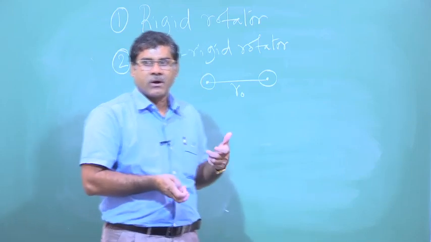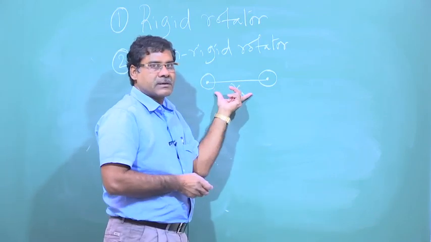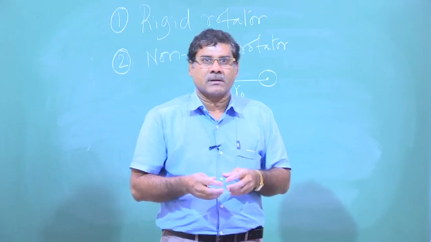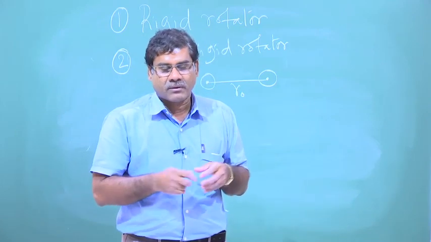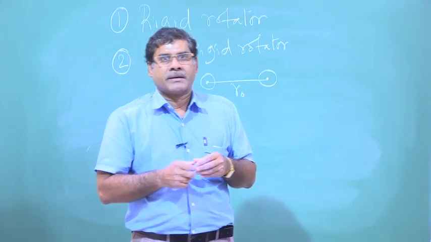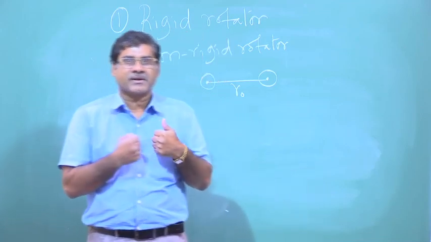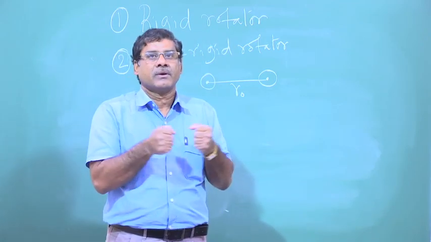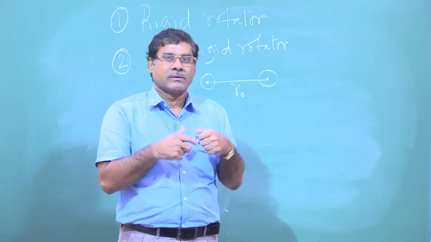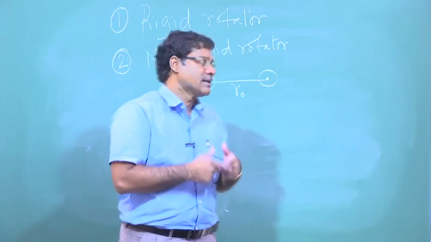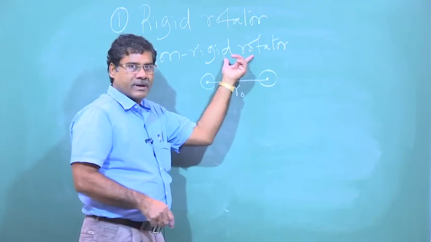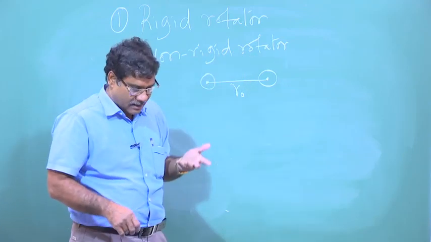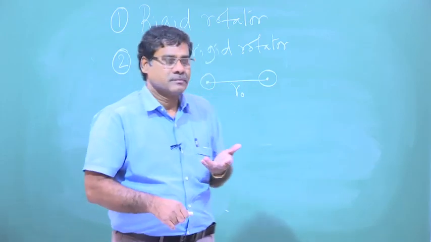Then it is called rigid rotator. But there are some molecules, or most of the molecules, that are not that rigid. So during rotation its bond length also changes. Then it is called non-rigid rotator. Okay. So this non-rigid rotator is basically the realistic model.